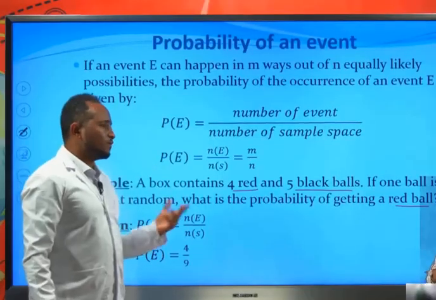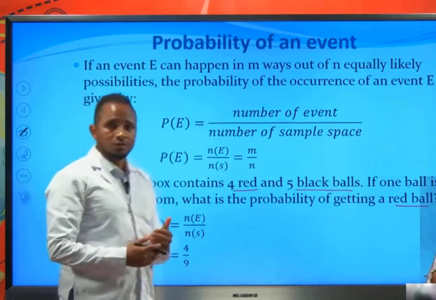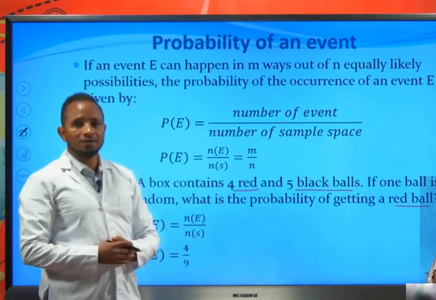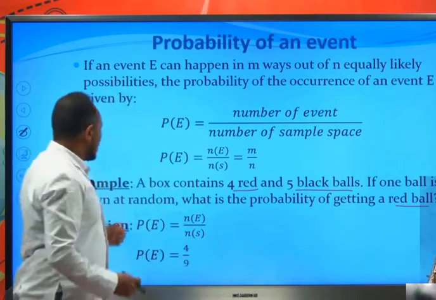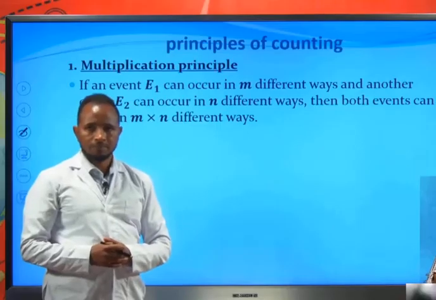But sometimes we face some complex things to count. In that case, we need to have some counting technique. So let's see counting techniques, or principles of counting. To evaluate probability, we count, so we need a counting principle for complex cases. The first counting principle is the multiplication principle.